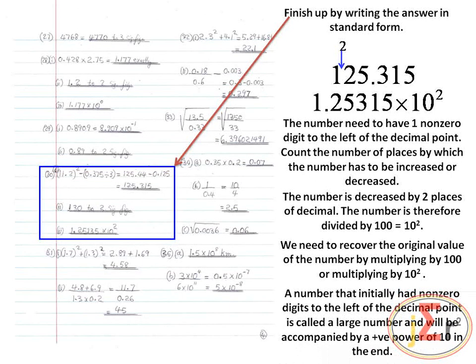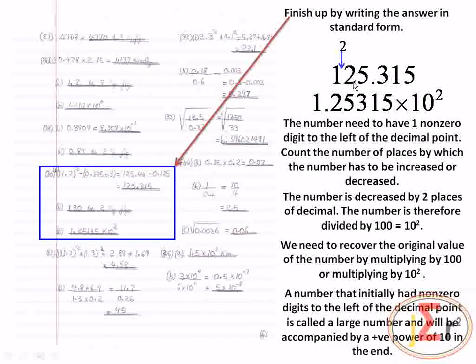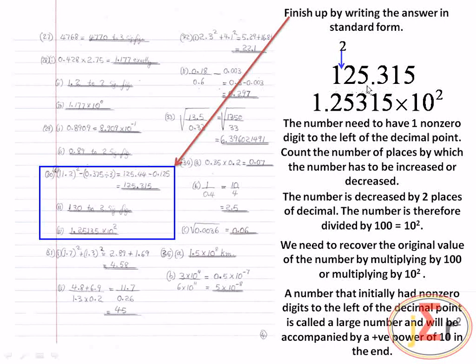A number that initially had non-zero digits to the left of the decimal point is called a large number and will be accompanied by a positive power of 10 in the end. When we have this initial number here and we have digits that are non-zero to the left of the decimal point, that number may be classified as a large number.